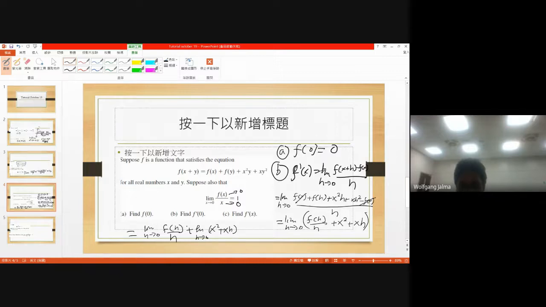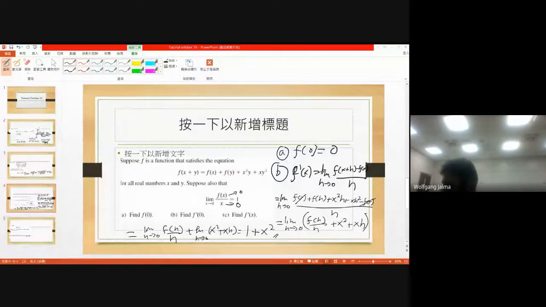So the first part is 1 from here. 1 plus, this one is 1 plus x squared. So this is the answer of C, and B is just putting 0 here, so it becomes 1.